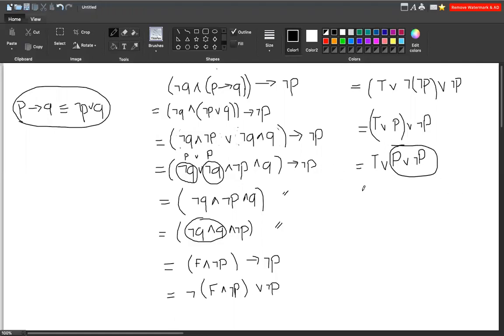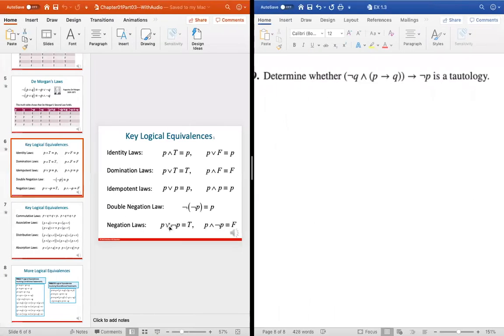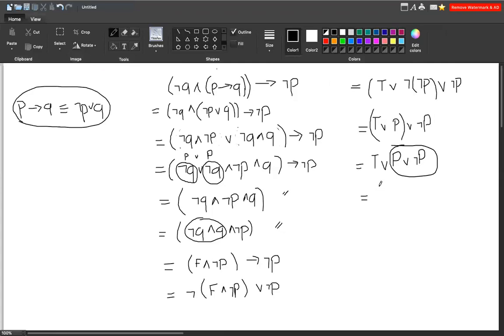P or negation of P is logically equivalent to true, okay? So we say true or true. When something is true or with true, the result is also true. So we proved using logical equivalences that this compound proposition here is a tautology.